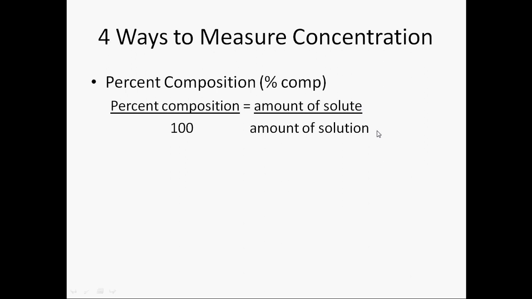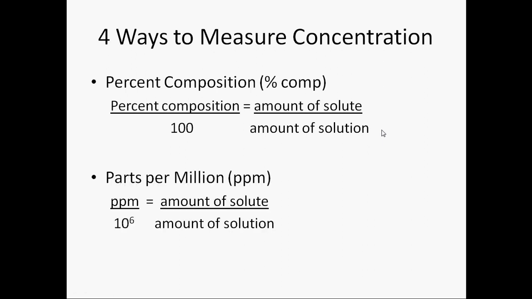Okay. Then the last way that we can measure concentration, again really similar to percent composition, is parts per million, or ppm. Now this is basically the same idea as percent composition, except instead of looking at how many parts out of 100 are solute, now we're looking at how many parts out of 1,000,000 are solute.